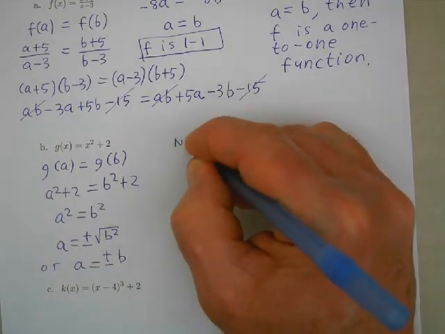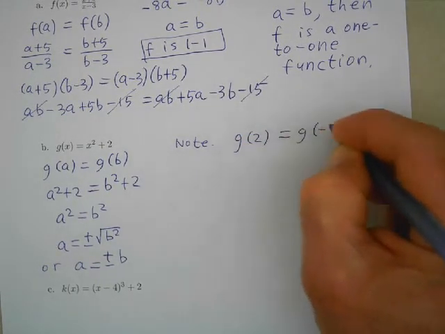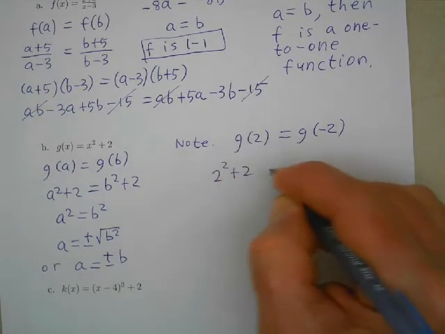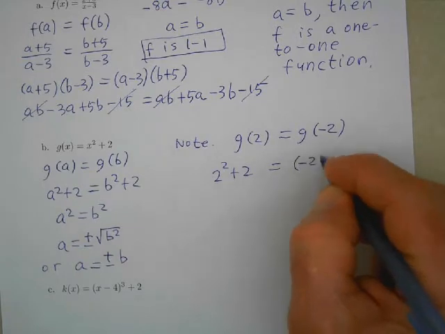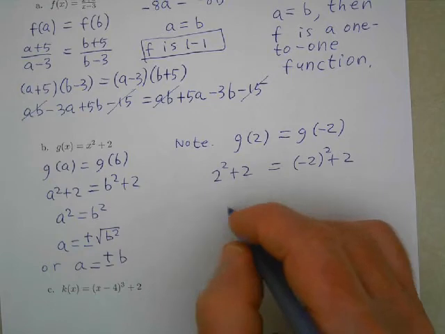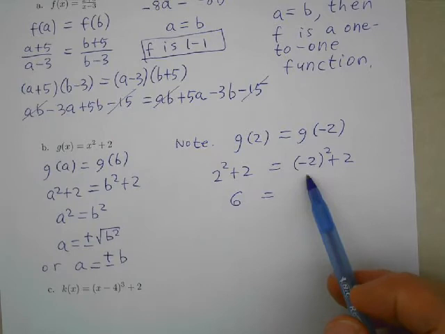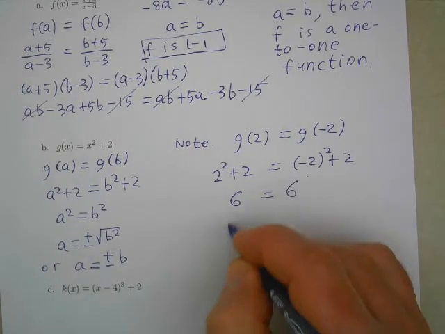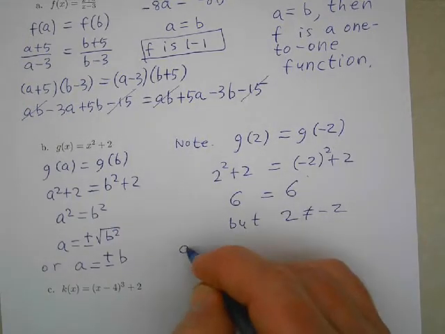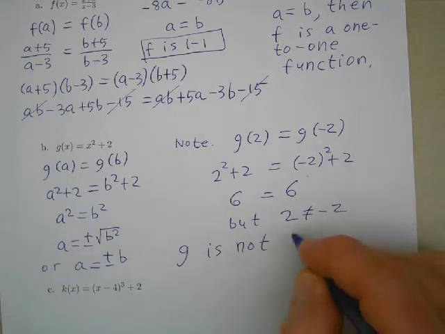We can note that g of 2 equals g of negative 2, because g of 2 is 2 squared plus 2, which is 4 plus 2 or 6. G of negative 2 is negative 2 squared plus 2. Negative 2 squared is 4. 4 plus 2 is 6. But 2 does not equal negative 2. So in this example, g is not a one-to-one function.